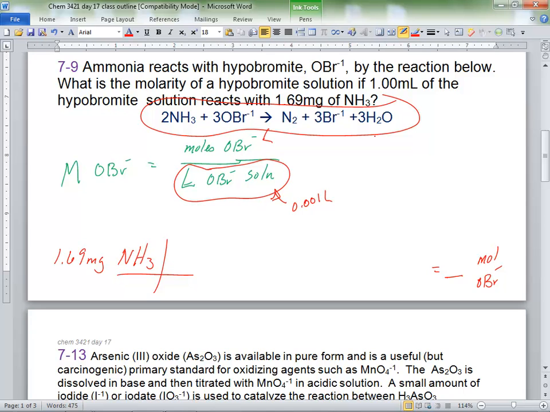As long as you know the amount of something in that reaction, you can convert it to anything you want. That's the situation here. They told us the amount of the ammonia, so we can convert that to the OBr by using the mole bridge. You're given the periodic table and all those things, so it's fine.